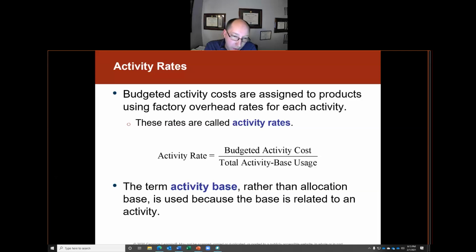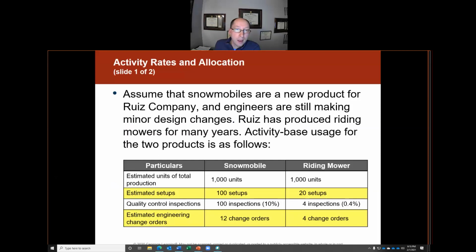The word activity-based is the same as allocation base that we learned from the other methods, right? But the activity usage base is the number of hours, the dollar amount, it's whatever is selected for that base, right? So let's look at it from our example.